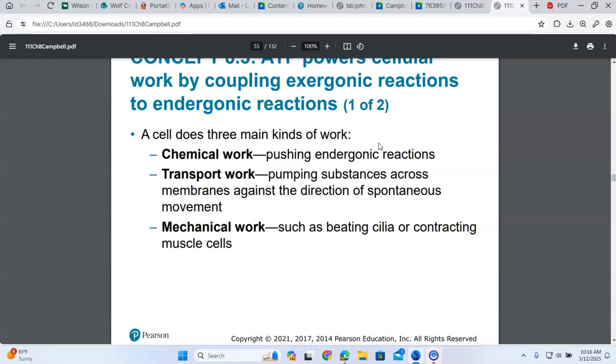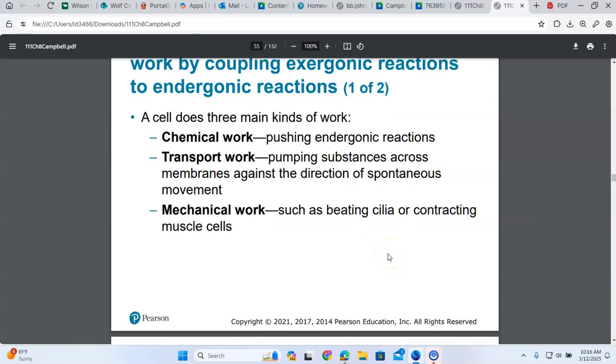A cell does three main kinds of work. It does chemical work, and the chemical work is pushing endergonic reactions, reactions which require energy, transport work, which is pumping substances across membranes, and mechanical work, like when cilia beat or muscle cells contract.